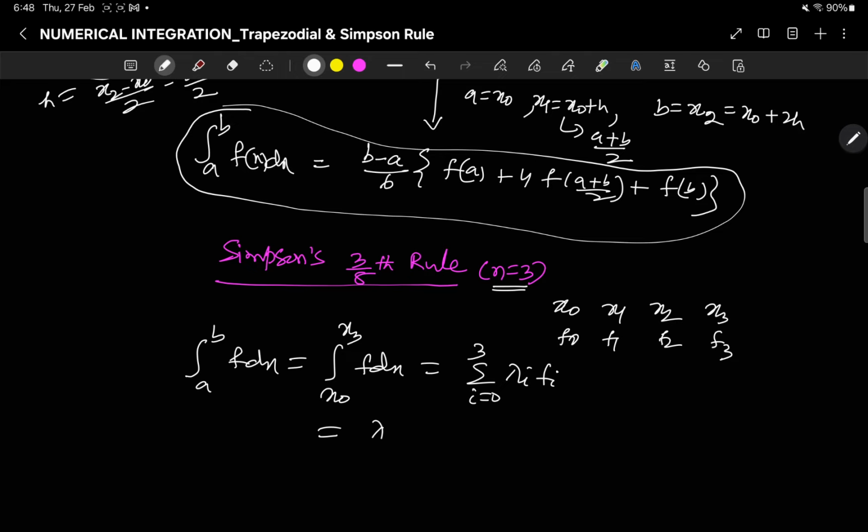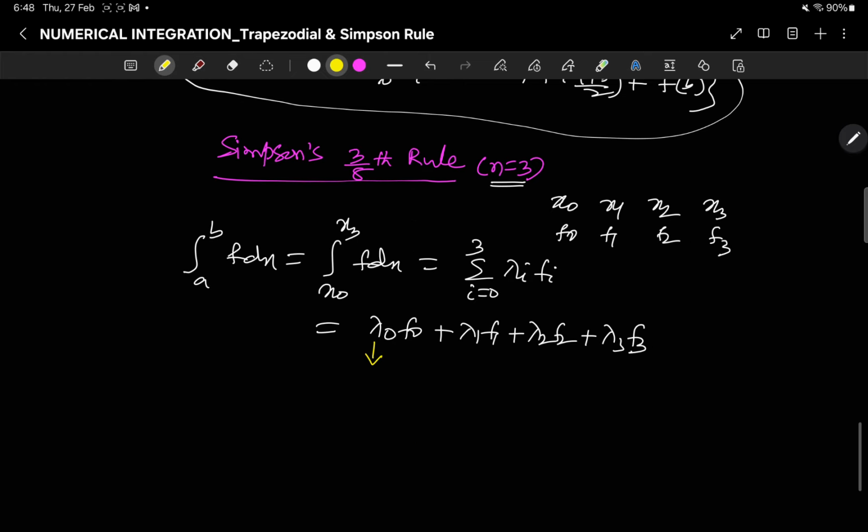So this will be lambda 0 f0 plus lambda 1 f1 plus lambda 2 f2 plus lambda 3 f3. Now likewise, if we simplify, lambda 0 will be 3h by 8, lambda 3 will be 3h by 8, lambda 1 will be 9h by 8, and lambda 2 will also be 9h by 8.